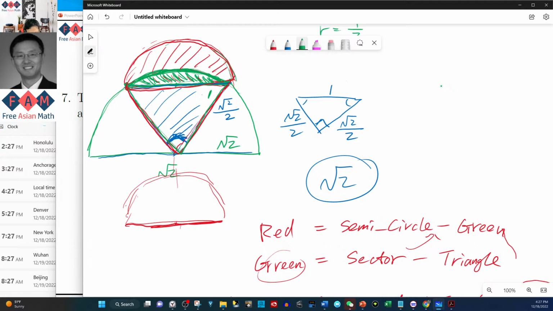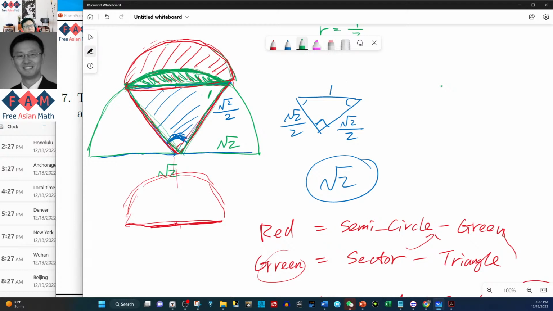But how do I get the green one? I observe it's part of the bigger circle, the semicircle, that is cut off by this chord. That immediately gives me the idea, because this chord gives me those two radii, giving me simultaneously a triangle and a sector.